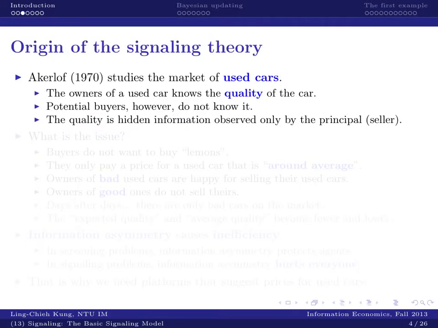So let's go back to 1970, the first time people rigorously studied signaling problems. Professor Akerlof studied the market of used cars in the following way. Typically, the owner of a used car knows the quality of the car.